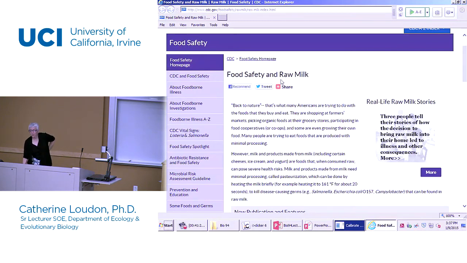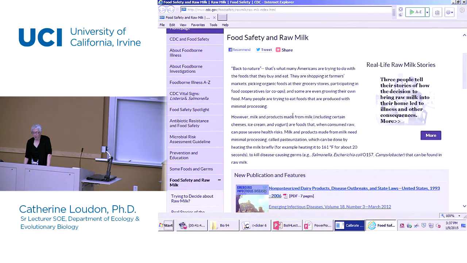But this also includes consumption then of raw milk. And the Center for Disease Control, which usually doesn't involve itself in such issues unless there are health issues associated with these, goes on to point out that milk and products made from milk are foods that when consumed raw can pose severe health threats.